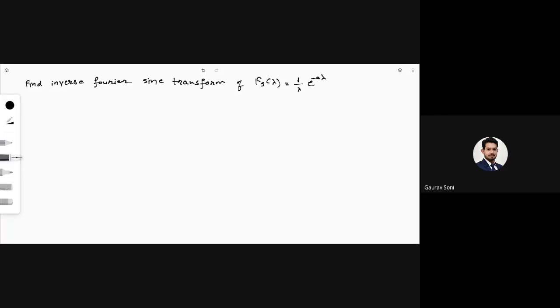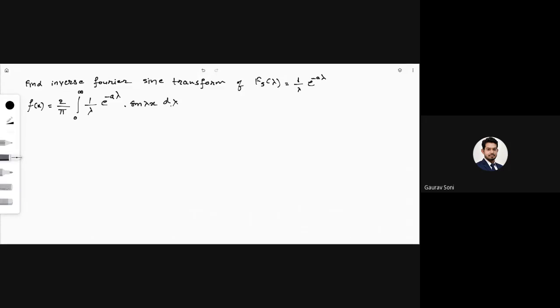So the inverse Fourier sine transform of the function Fs of lambda will be given by f of x is equal to 2 by pi integral 0 to infinity 1 upon lambda e to the power minus a lambda into sin lambda x d lambda.